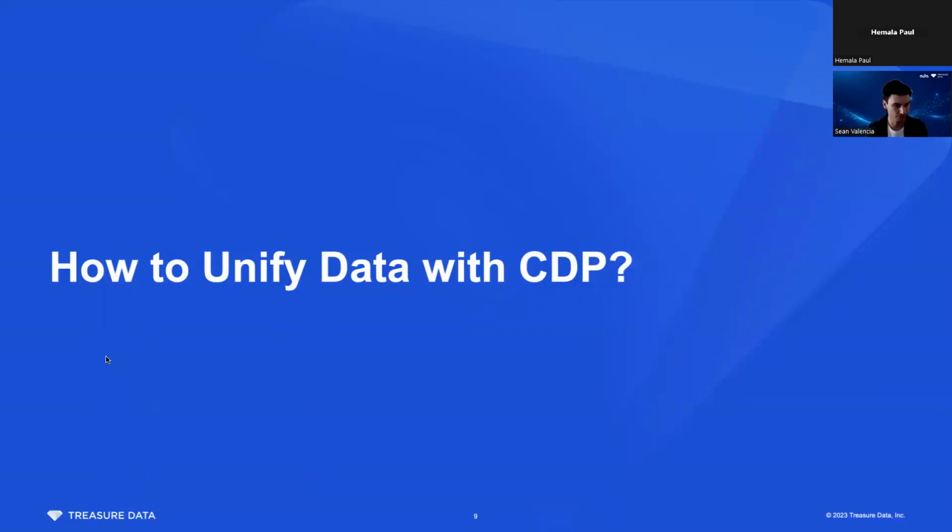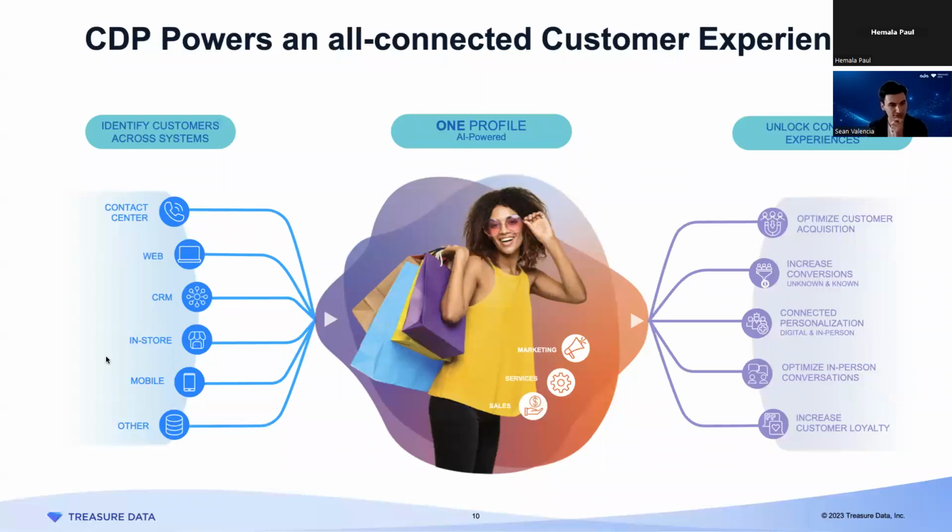But before we really get into the core of today's session, we can talk very briefly on the how and what's driving that. There are different ways to look at unifying the data.